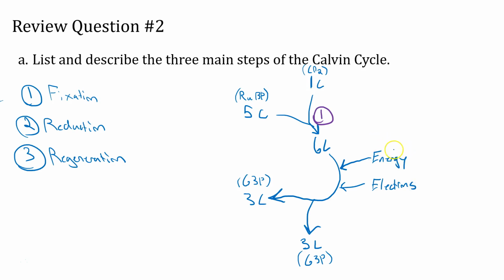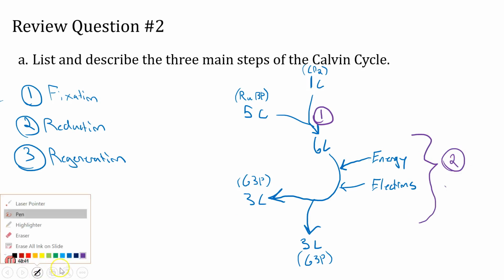This is in the form of ATP coming and breaking off its energy and releasing it, and then forming ADP plus P. And then the electrons, this is in the form of NADPH coming off, letting its electrons loose, and then NADP plus H leaving separately. But it's just a fancy way of saying we're putting energy and electrons into there. Since we're adding electrons, we're gaining electrons, we can say that this is reduction. So this whole step here is going to be step number 2.